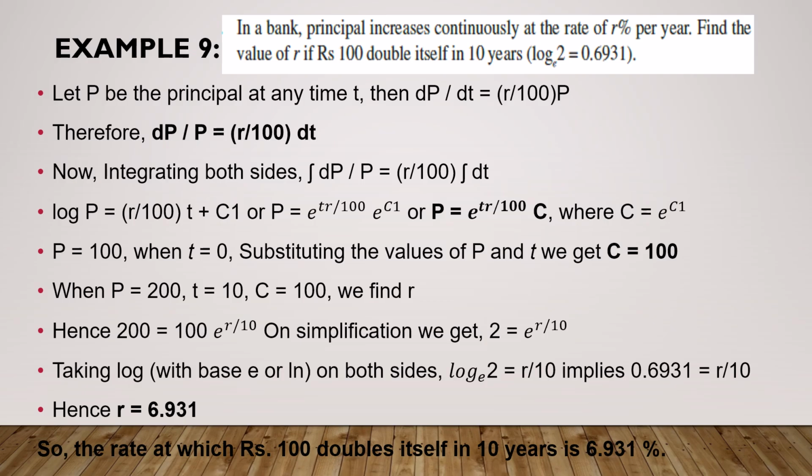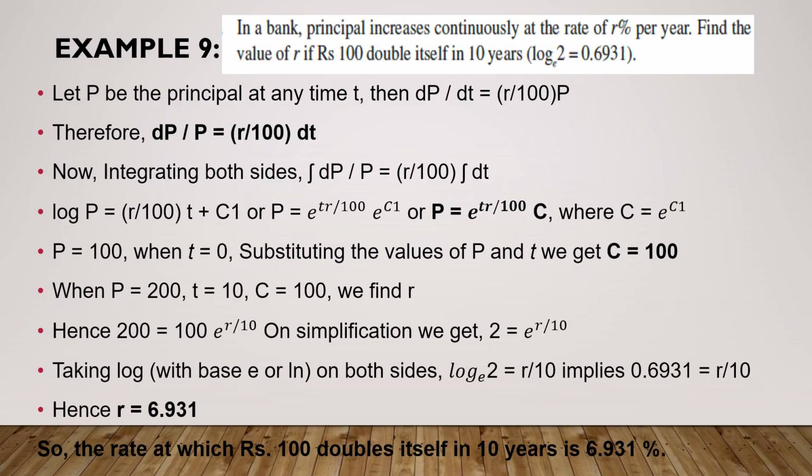So now the equation we are having has log of P. To get rid of log, you know that log and exponent are inverse functions. So you take the exponent, and log will go. On the left hand side, when you take the exponent, it will be just P. On the right hand side, it will be e raised to tR upon 100 into e raised to C1, because you know that e raised to x plus y is e raised to x into e raised to y.